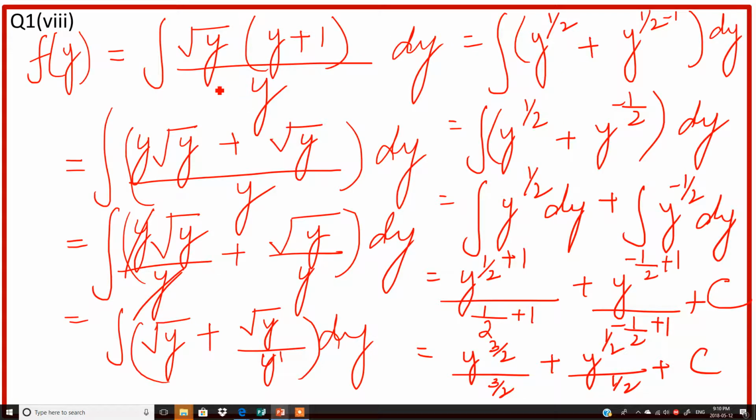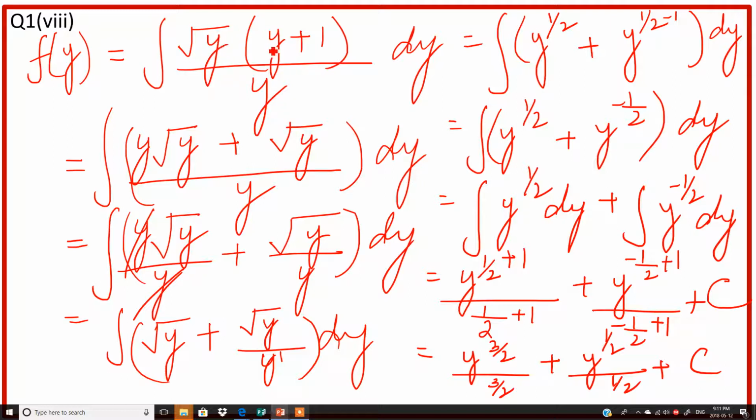One more time I will explain what we did and what is the difference between part number 8 and part number 7. In part number 7 we did not have anything here. We had only this expression divided by, I think, under root x or whatever, but here we have under root y as well.